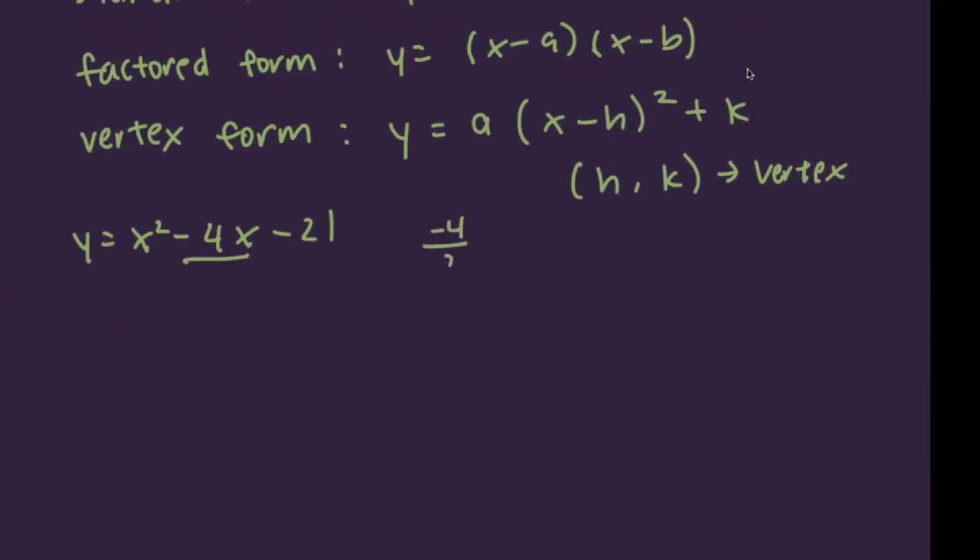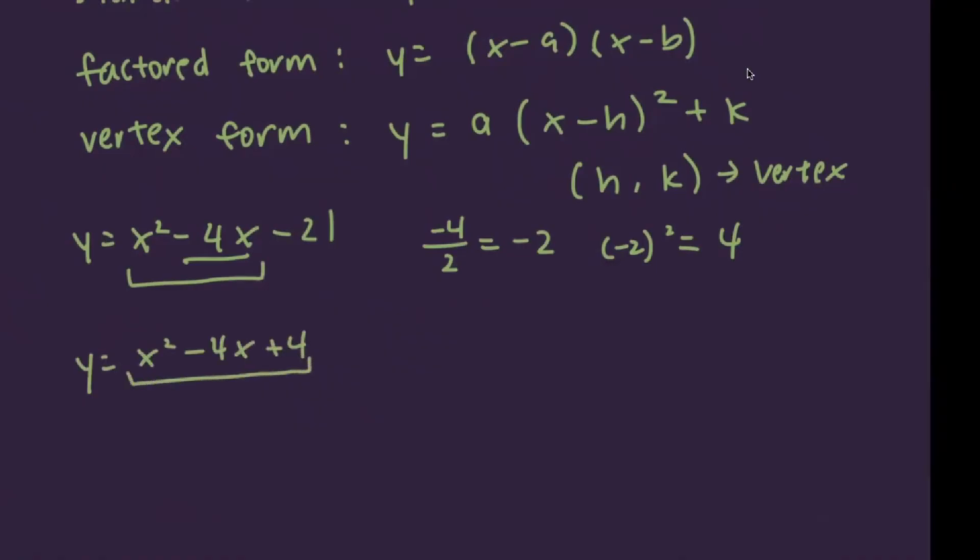First, we'll divide the b value by 2, and we'll get negative 2. And we'll square the negative 2 to get 4. And we can rewrite this part of the quadratic as x squared minus 4x plus 4, because this part will give us a perfect square.